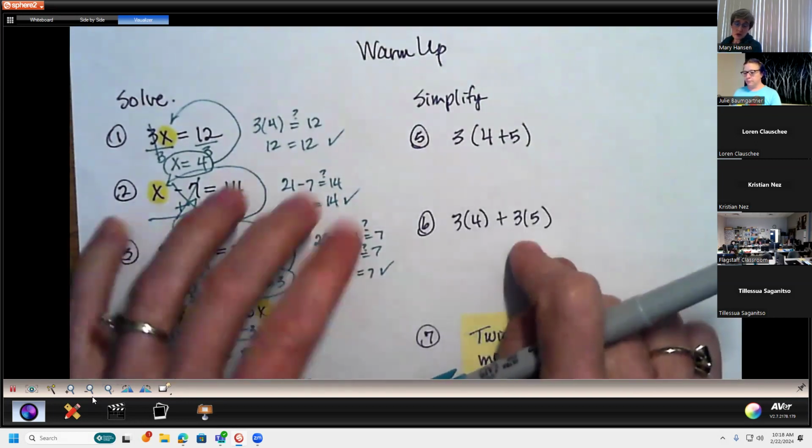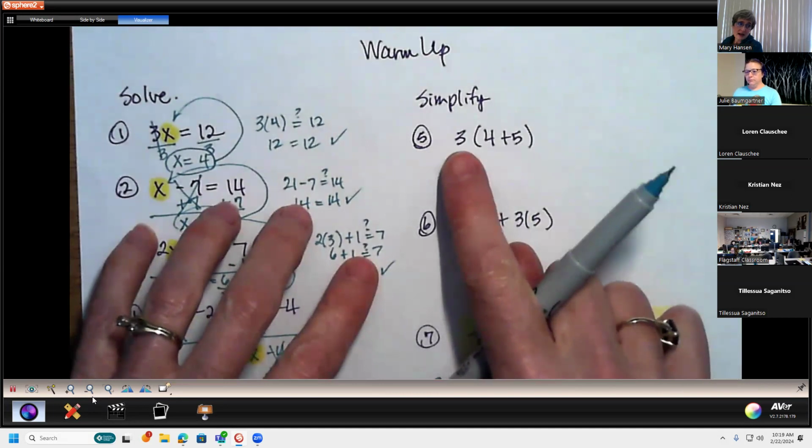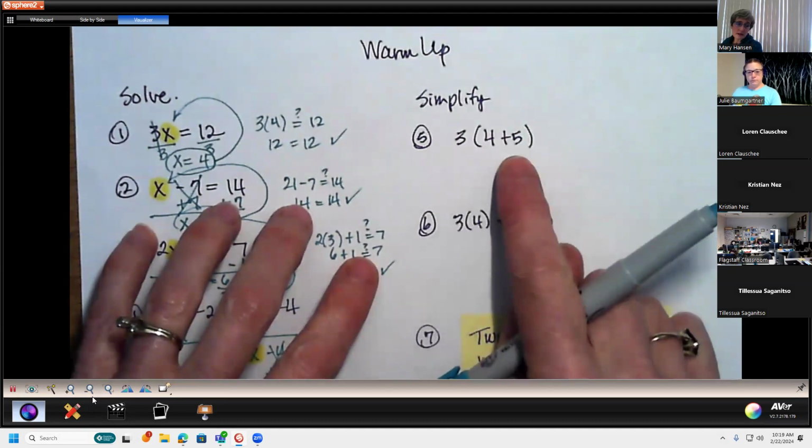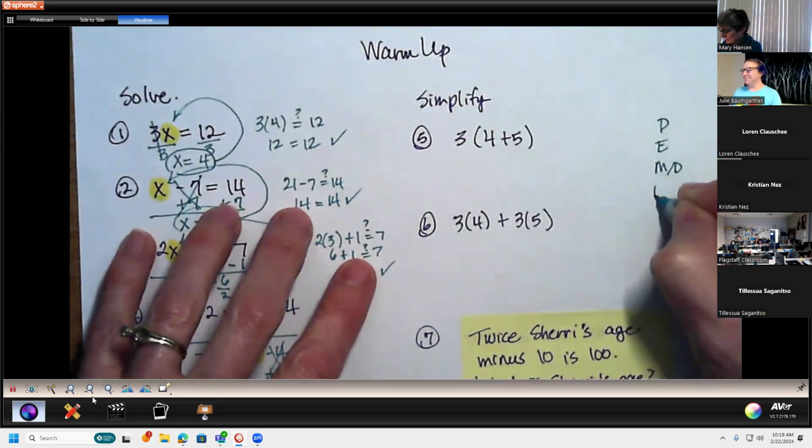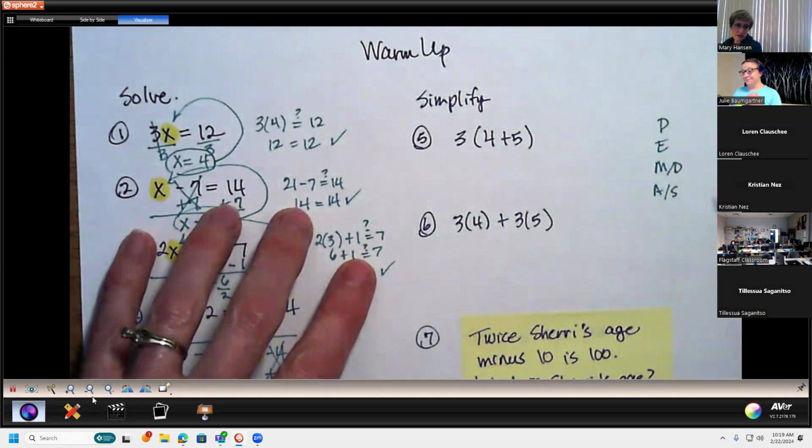Hopefully this is just simply an order of operations problem. I have 3 times the quantity 4 plus 5. Remember my penguins eating Mexican Doritos and salsa, or please excuse my dear Aunt Sally.